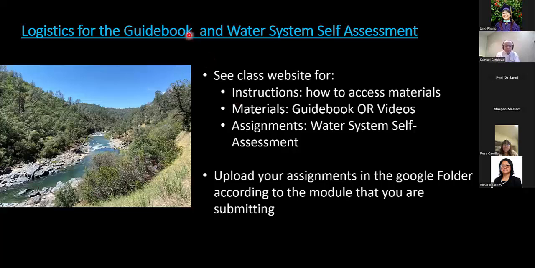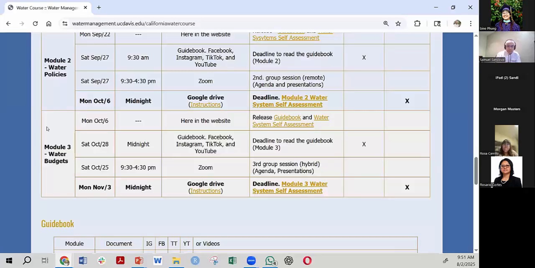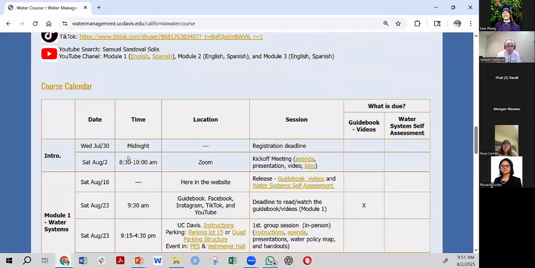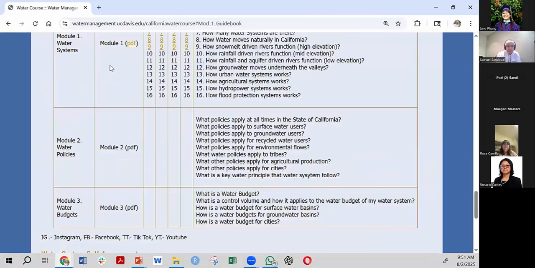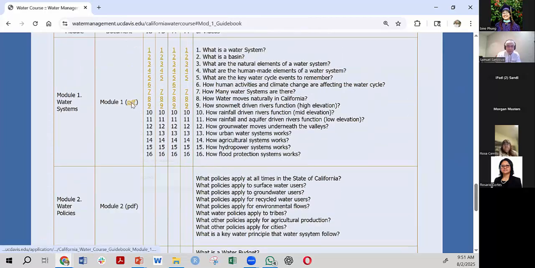And so let me go back here. So basically, in module 1, here is the guidebook, and this is the guidebook. Basically, you are going to be here, and the guidebook is this one.